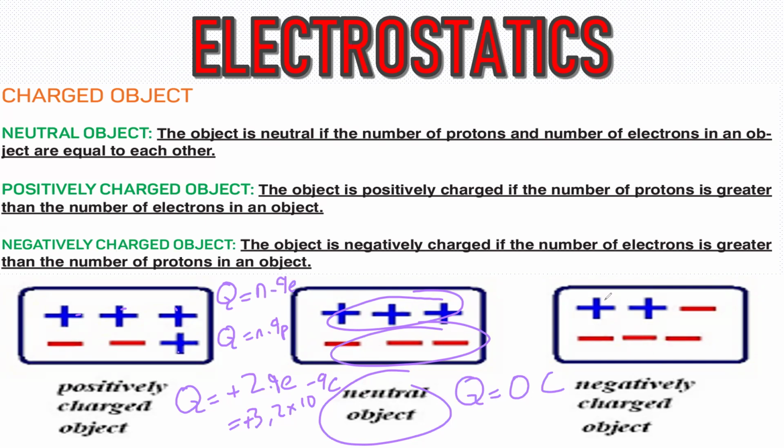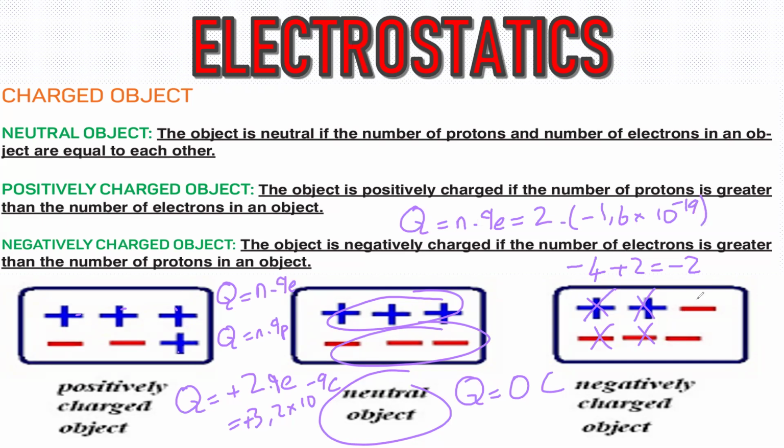And the negatively charged object, we have more electrons. So these electrons cancel each other, protons cancel. How many more do we have? 2. Or you can use this way, negative 4 and plus 2, getting negative 2. So we have 2 excess electrons. The charge of this object equals N times Qe, and N is equal to 2 times negative 1.6 times 10 to the power of negative 19.